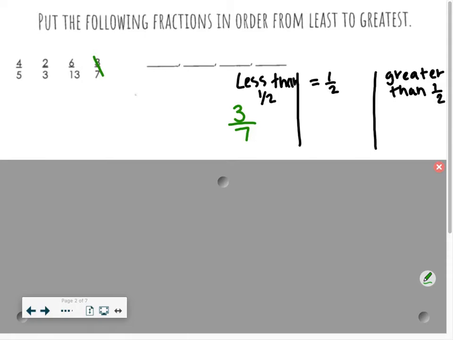Well, think about what would be halfway to 13. Addison, what do you think? About 6.5, right? Because 6 times 2 is 12. We're not quite there. We have 6.5. So if 6.5 is halfway to 13, is 6/13 going to be less than or greater than 1/2? Less than. So I know this one's going to go over here too.